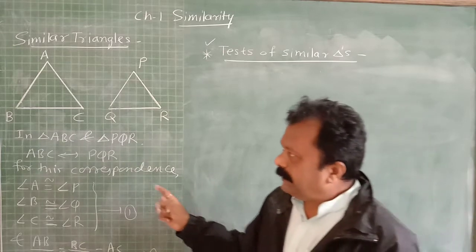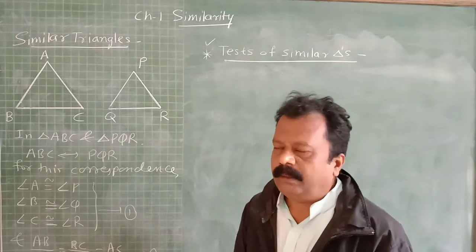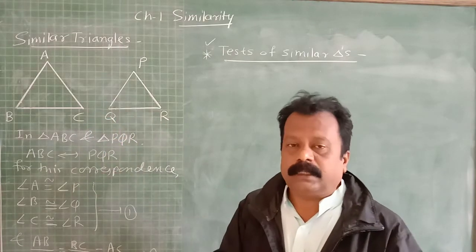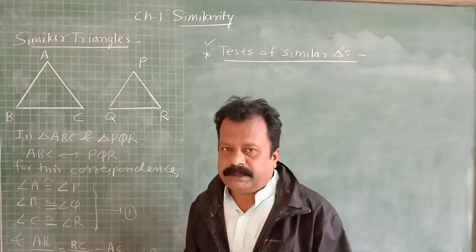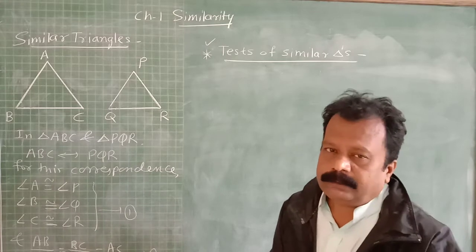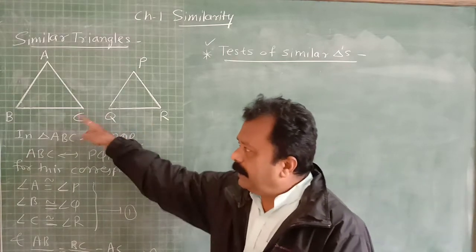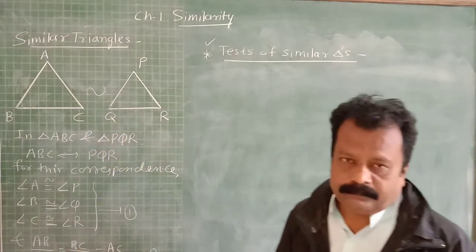Means corresponding pairs of sides of two triangles must be in proportion and corresponding pairs of angles must be congruent. Then we can say two triangles are similar to each other. Means three sides and three angles, six conditions in total. When six conditions are satisfied, we can say these two triangles are similar to each other.